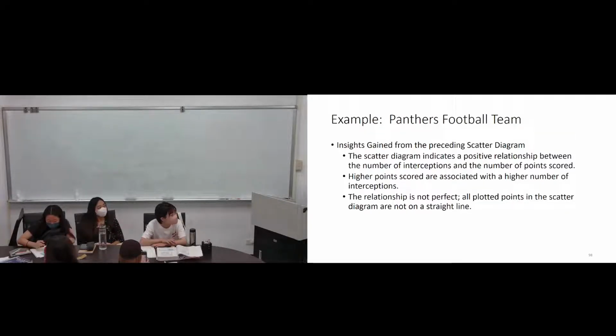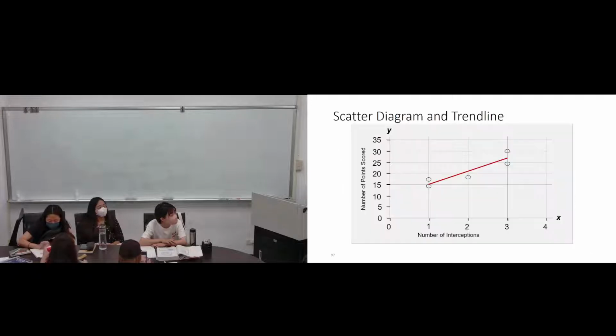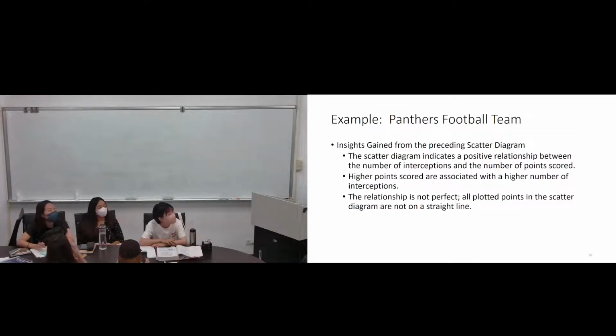First, it indicates a positive relationship: higher points scored are associated with a higher number of interceptions.